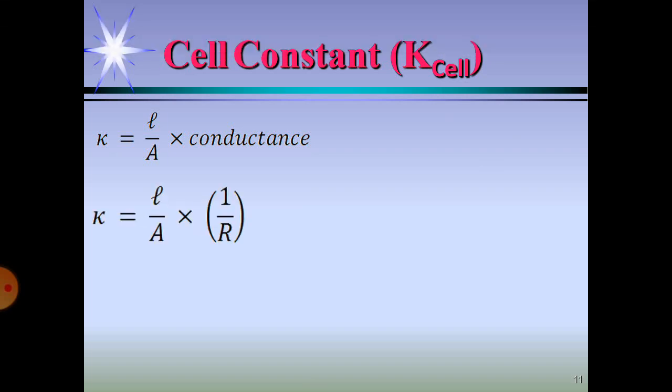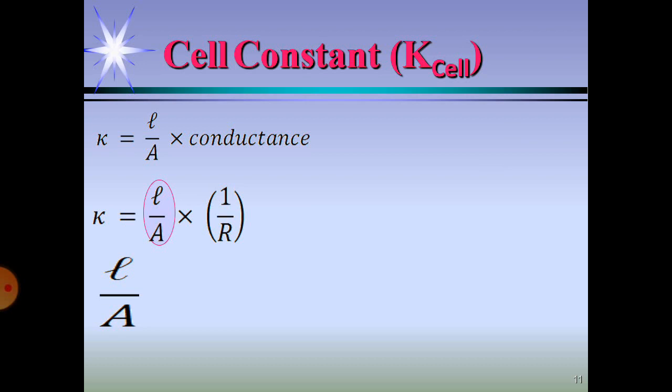That means kappa is equal to L by A into 1 by R. The reciprocal of resistance is what we call conductance. So I can obtain the equivalent conductance and molar conductance only by measuring the specific conductance. That specific conductance will be equal to the conductance I am measuring only when L by A is fixed as 1 meter length and 1 meter square cross sectional area.